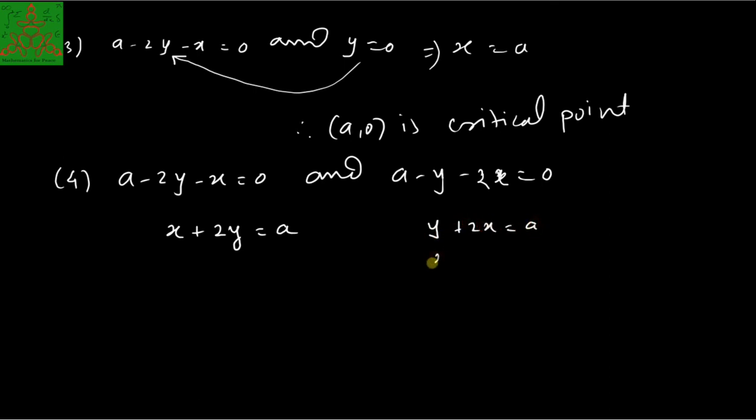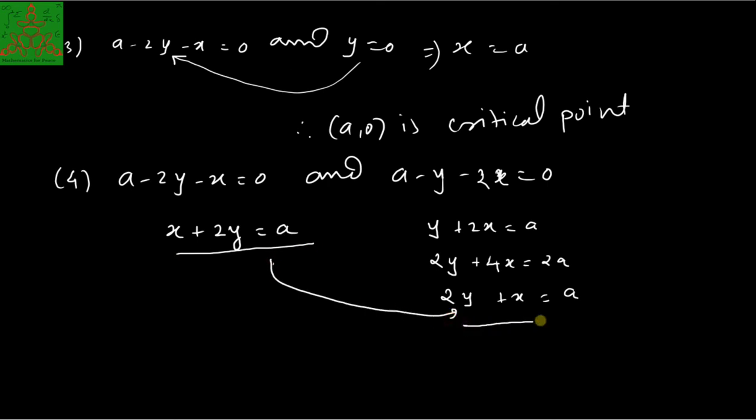I am just multiplying this equation by 2, so this way it is 2y plus 4x is equal to 2a. If I subtract that value here, that is 2y plus x is equal to a. Writing the same equation here and subtracting these two equations, this will cancel out, this is 3x and this side is a, so that's why x is a by 3.